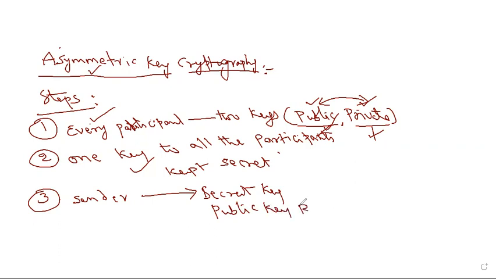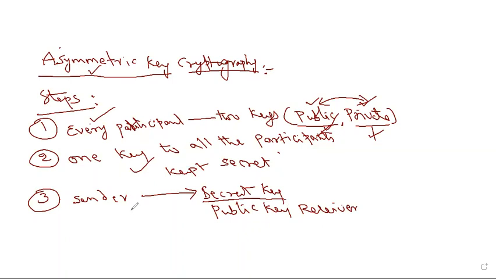The receiver's public key is known to him and all the remaining participants. Every user's public key is known to every other user in the organization, but the secret key is known to that particular user only.